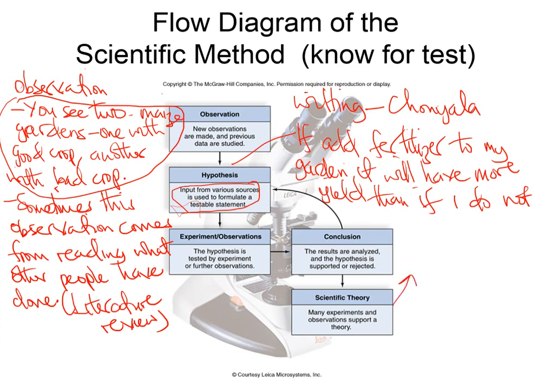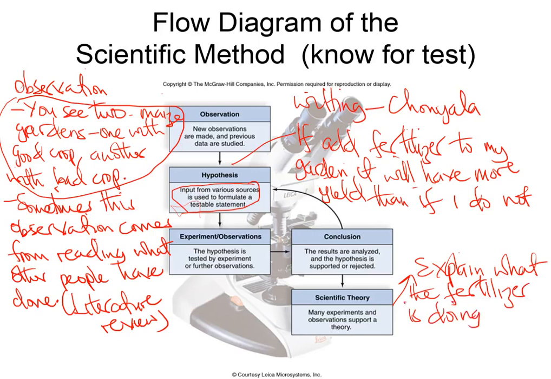So in this scientific theory, you explain what the fertilizer is doing to increase crops. So one explanation can be, you know what, fertilizer has nitrogen. So this nitrogen is good food for animals or for plants.